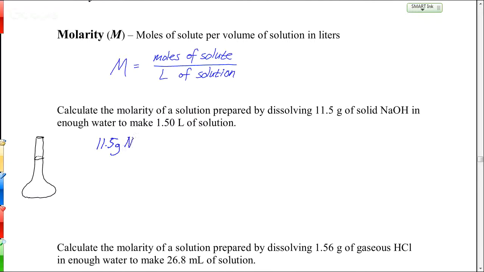11.5 grams NaOH. And we want to get rid of grams and have moles. So that's Na is 23, O is 16, that's 39, and H makes 40.